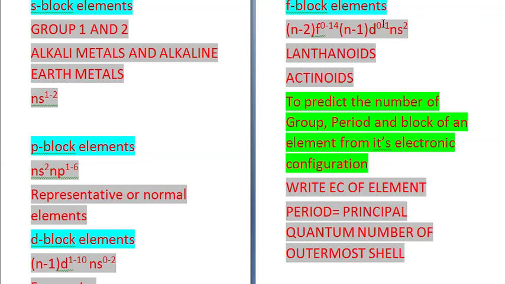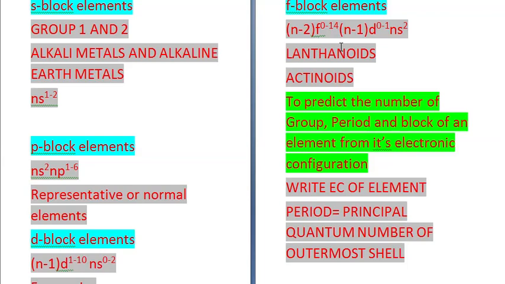See what happens? First ns2 will be filled, then (n-1)d, only one electron will go into d, then (n-2)f will be fully filled, and then the remaining electrons will go to d.